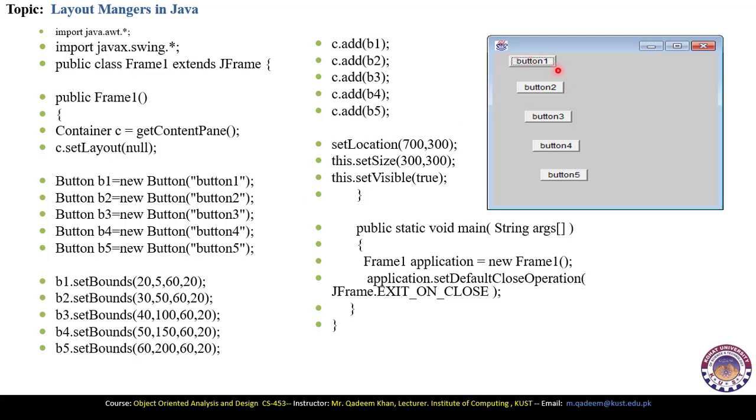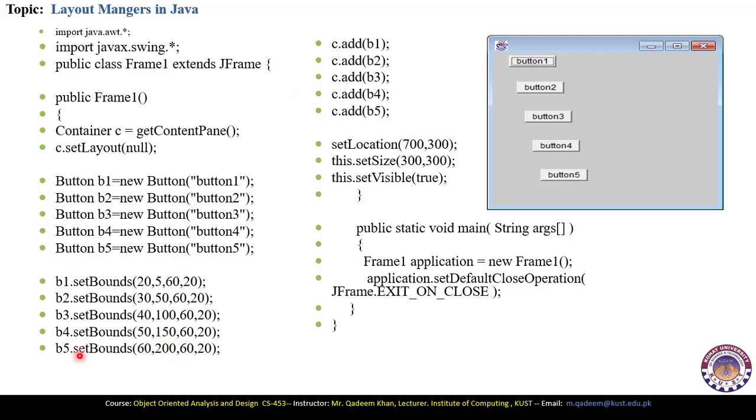So from here to here we have the first control. Similarly, another control is 30, 50, 60, 20. So 30 toward the x-axis and then 50 toward the y-axis, and this is the position here, which is 60, 20. And similarly, all these button positions are defined here by using the 2 points concept.